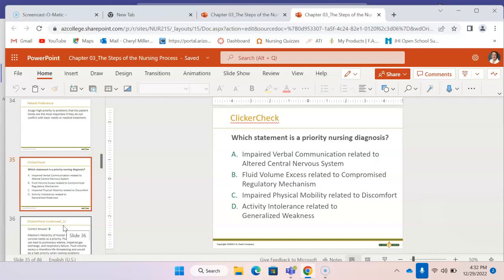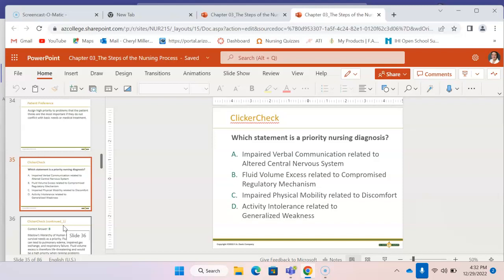Impaired physical mobility related to discomfort, broken foot. Activity intolerance related to generalized weakness. Which one sounds like a problem?